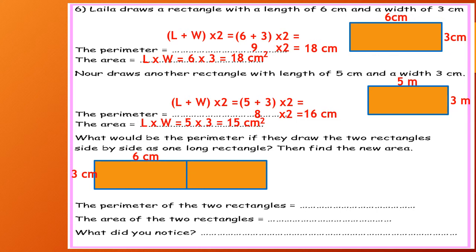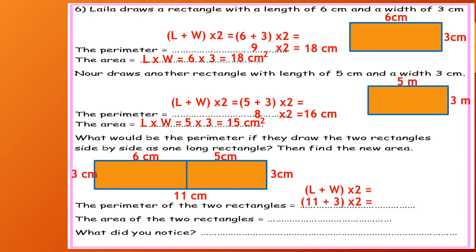This is Layla's rectangle and this is the new rectangle. The length of the big rectangle is 6 plus 5 equals 11 centimeters. Then find the perimeter of the big rectangle, length plus width, times 2.